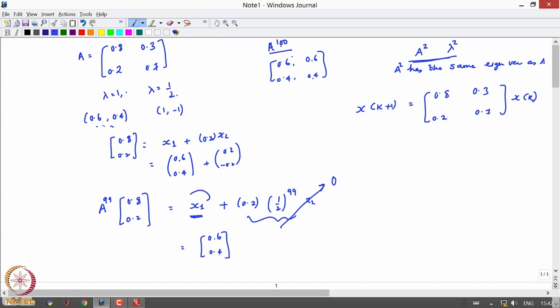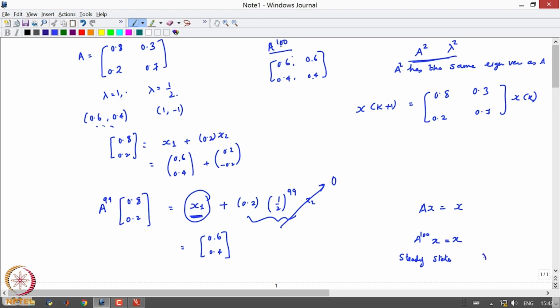So, I have something here which just stays the way it is, right? x1, so this term does not really change. So, for example, Ax equal to x when lambda equal to 1. So, A to the power 100 times x is also equal to x. In control language this corresponds to the steady state, where if I am at steady state I just stay there forever, right?